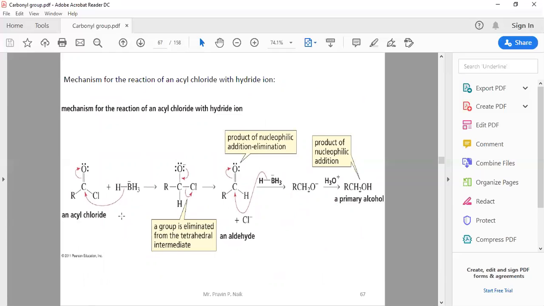Again, if we are using acid chloride or acyl chloride as a starting material and we are reacting it with the hydride, since the chloro group is an easily leaving group, the first intermediate formed is the aldehyde. So acyl chloride when reacted with hydride forms aldehyde, and then this aldehyde again reacts with another molecule of hydride to give primary alcohol.